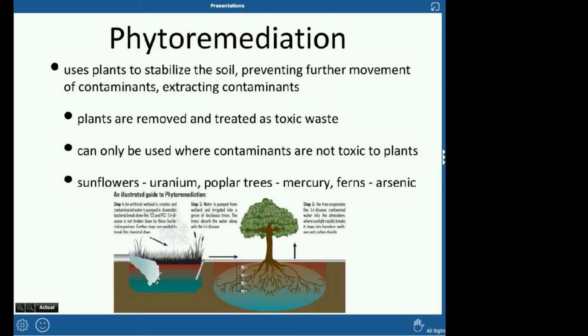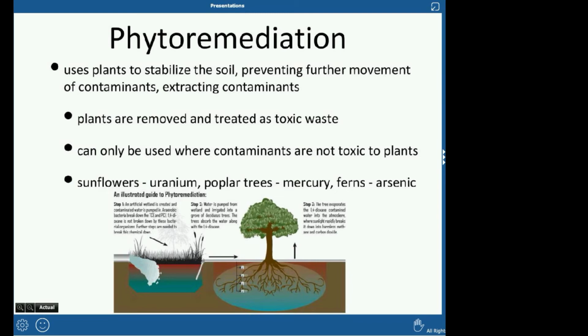If it's a plant, they technically call it phytoremediation. And the plants will also stabilize the soil, which prevents the contaminants from moving, right? You're not going to have as much erosion. And it basically extracts the contaminants. When the plants are done and the area is clean, the plants are removed and then they are treated as toxic waste.